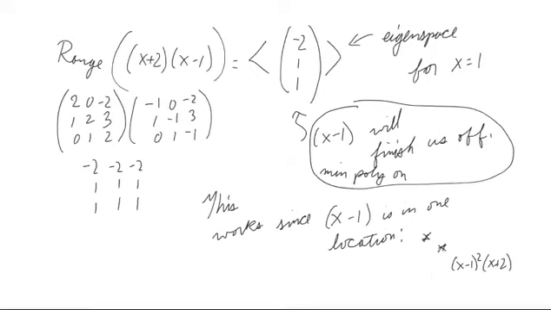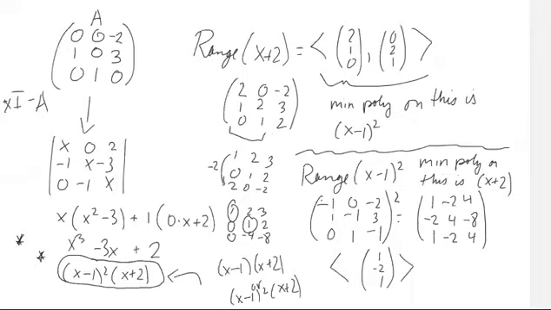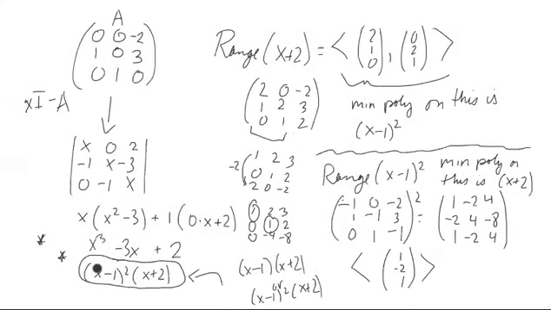Okay, let's take a look at this. Notice that if we do x plus 2 times x minus 1, we actually don't get the 0, which means the minimal polynomial actually is this itself. So we know that the range of x plus 2 is going to be a subspace whose minimal polynomial is x minus 1 squared.